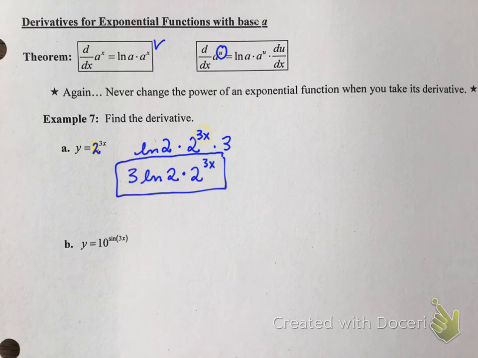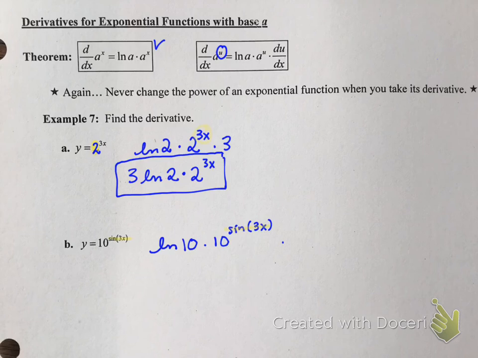Okay, so let's look at b. We have a base 10, that's constant, raised to sine 3x. Okay, I know I have to use a chain rule on this because the sine 3x is complicated. So let's follow the rules. It says to take the natural log of the base, which is 10. And then what I have to do is take the base raised to the power. And then I have to take the derivative of the power.